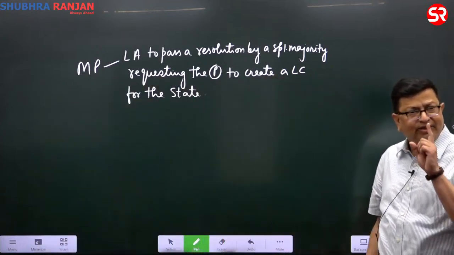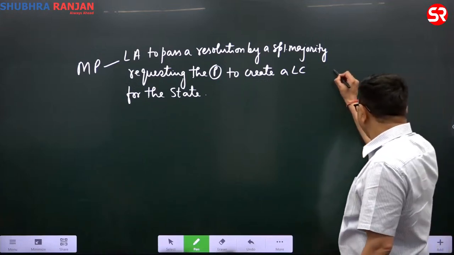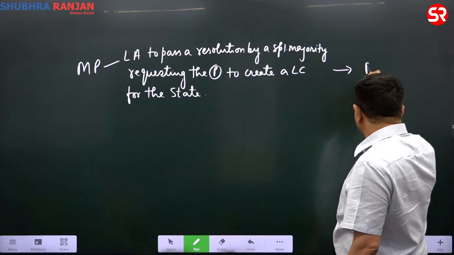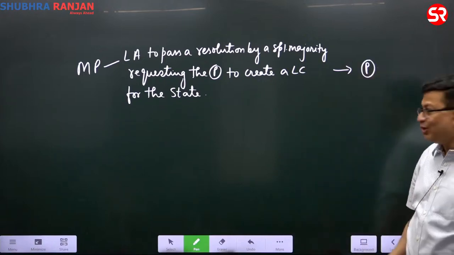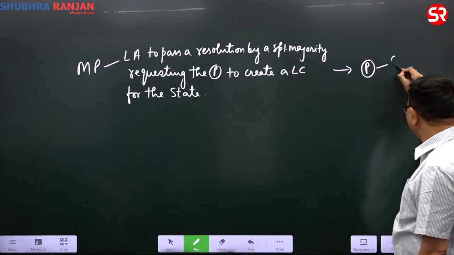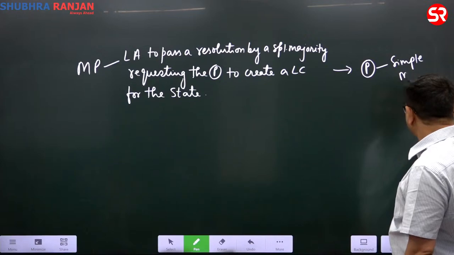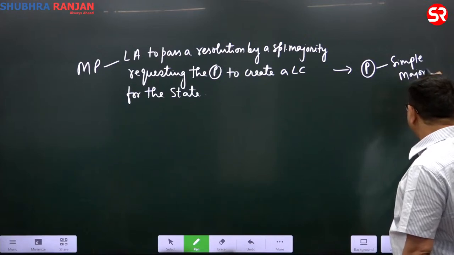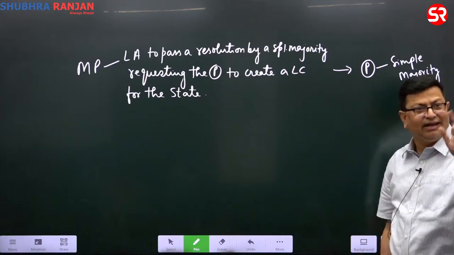So the initiative will be from the legislative assembly, and after that the final authority is the parliament. So the parliament, by a simple majority, can pass a bill and a legislative council can be created.